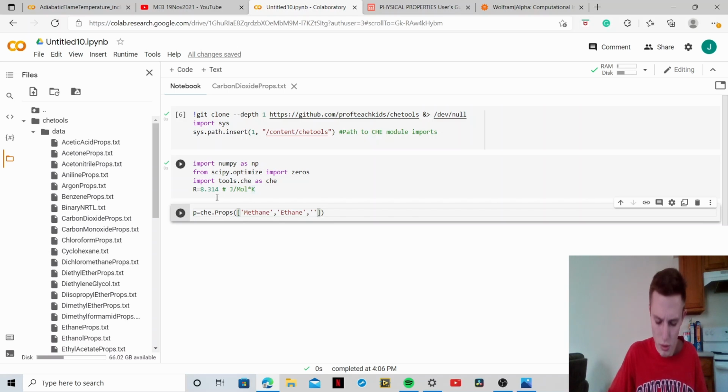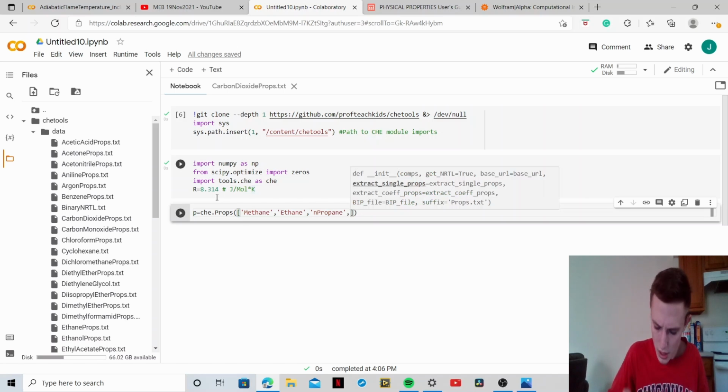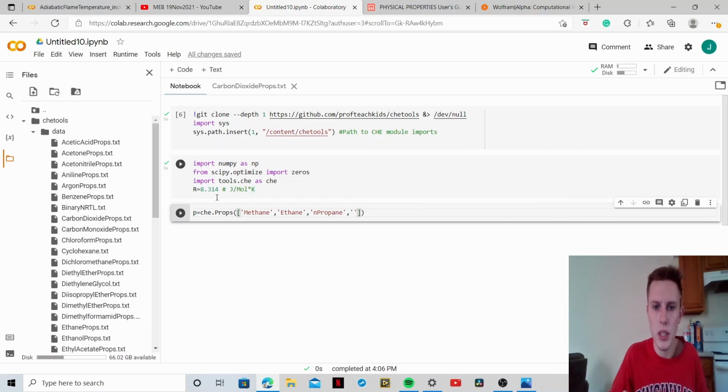All right, the next one would be propane. And then the next one is going to be nitrogen. Then the next one is going to be oxygen.